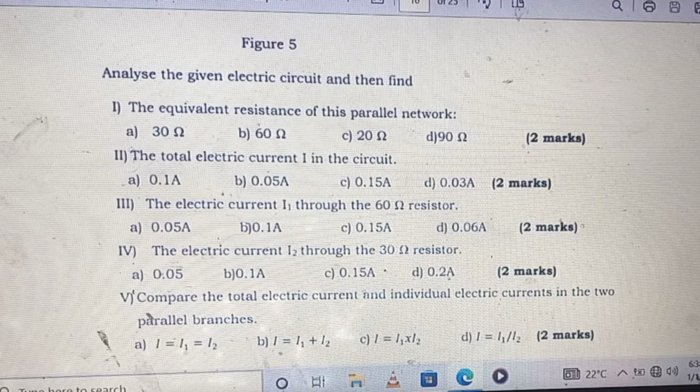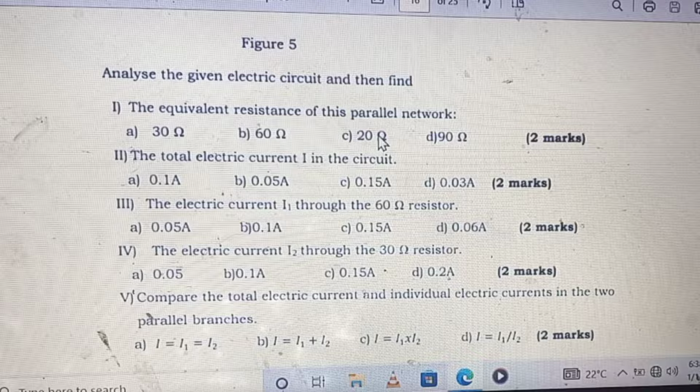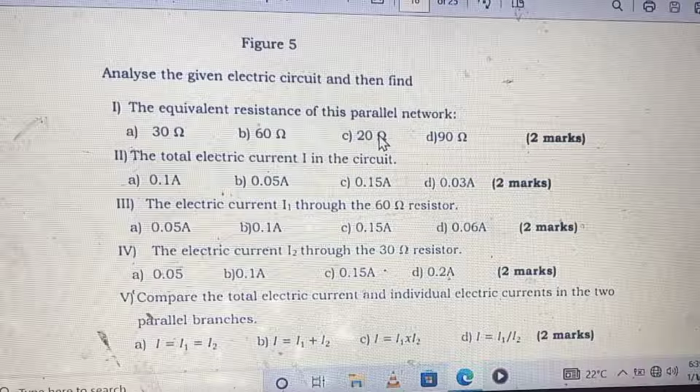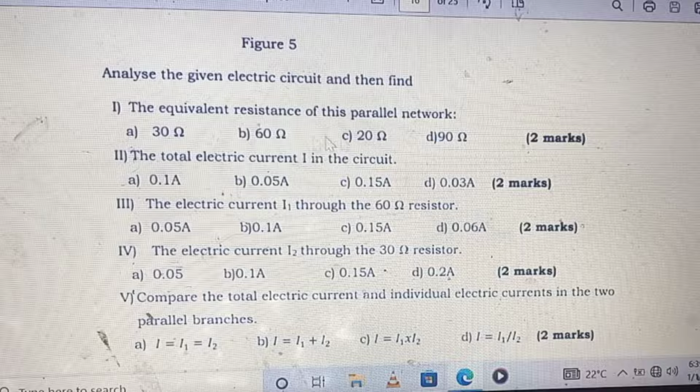The best option is C, 20 ohm. This solution comes from the formula of equivalent resistance 1 over R equal 1 over R1 plus 1 over R2 because it is arranged in parallel.